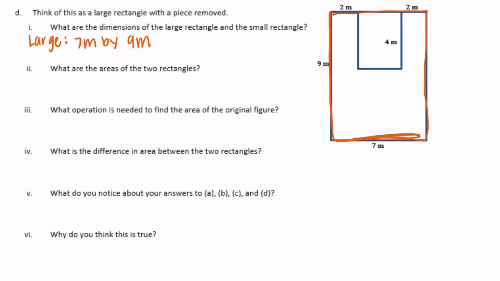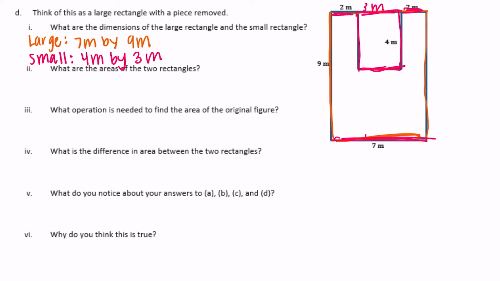And then the small, this right here, the height is 4 meters by, the whole thing here is 7, this is 2, this is 2. So 2 plus 2 is 4, so what's left for here would be 3 meters, because that would add up to 7. 4 meters by 3 meters.